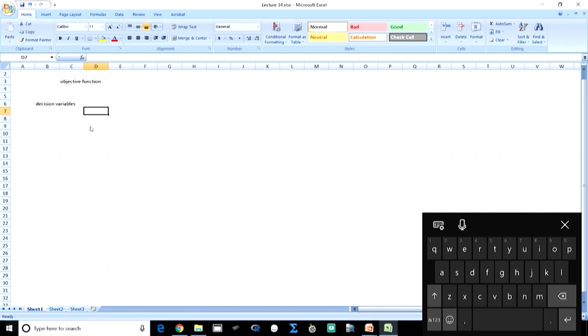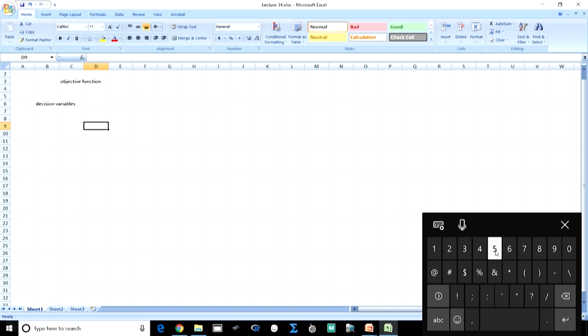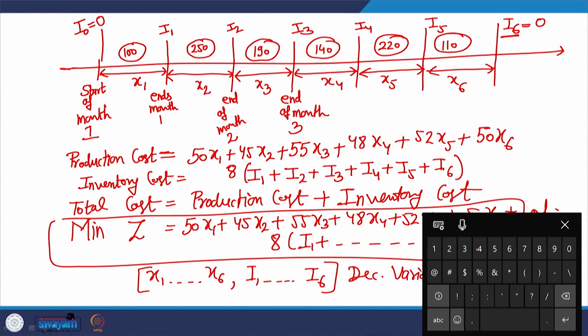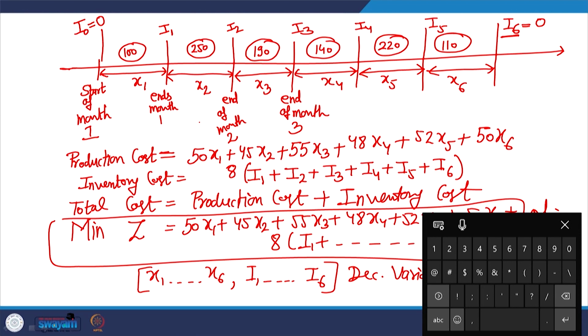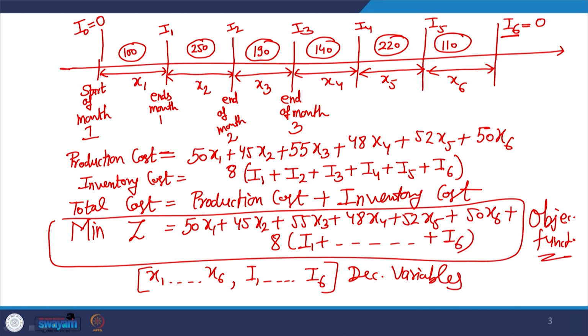The multiplying of these will be done by, here I will write 50, then in the second it is 45, then let me go back to the slide, 55, 48, then 52 and 50.